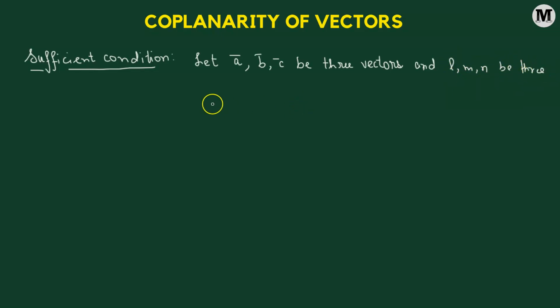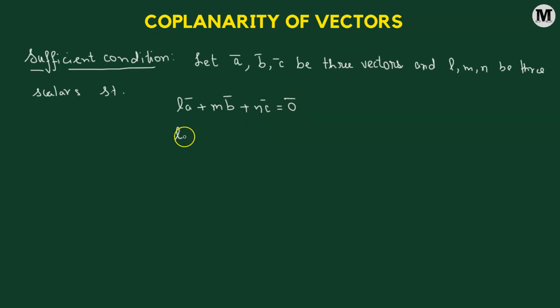These three scalars are going to be non-zero such that it's given that L a vector plus M b vector plus N c vector equals the null vector. So this is given to us.